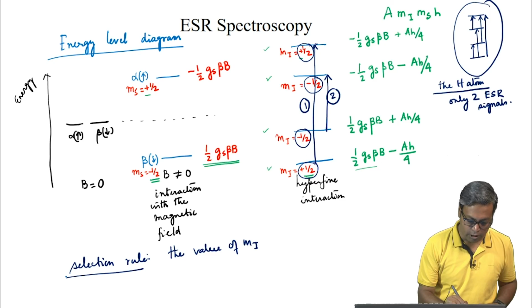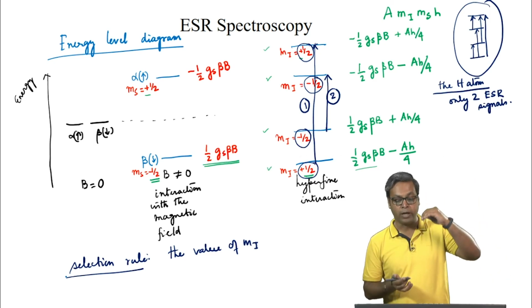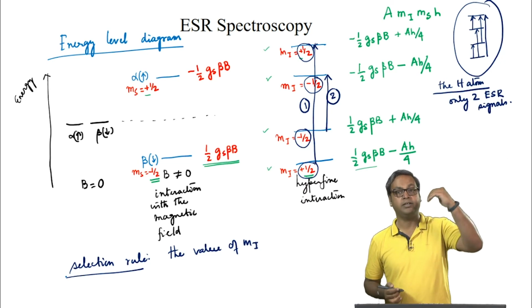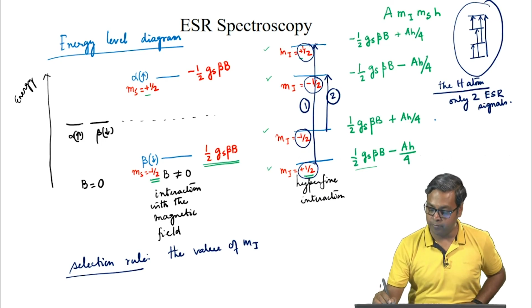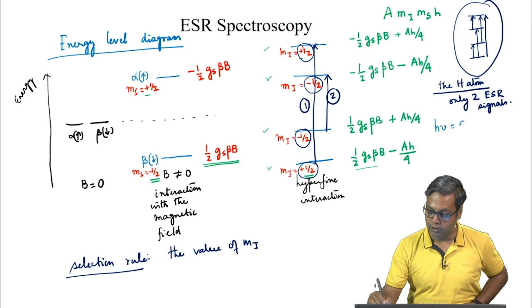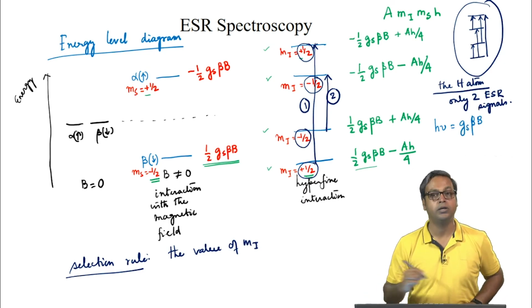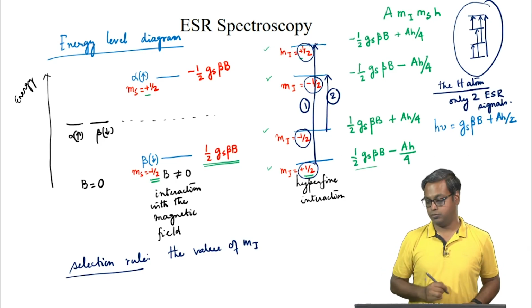If we look at 1, that is from m I equals plus half to m I equals minus half, then the energy involved in the transition is given by h nu equals G s beta b plus A h by 2.